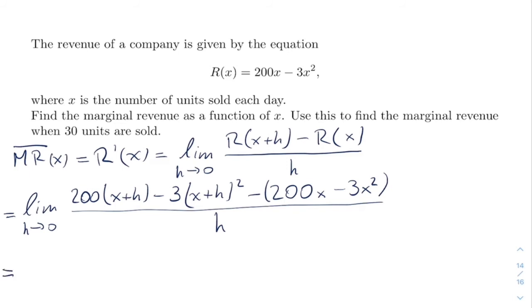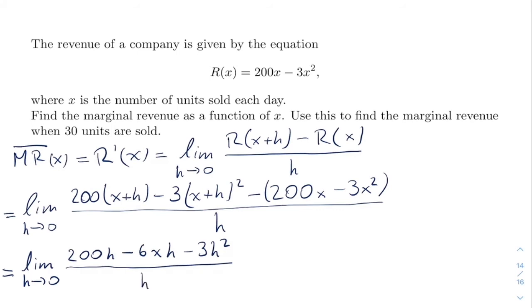So now we can repeat what we did before. I will skip some steps here, and after simplifying the previous expression, you will get that this is equal to 200h minus 6 times x times h minus 3h squared, all that divided by h. Again, we have h in every term on the numerator, so we can simplify h with this by factoring out h.